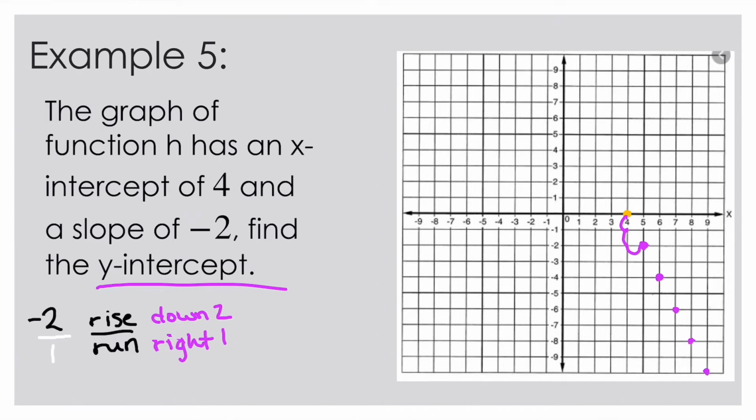Okay. Now, that doesn't get us to our y-axis. So what we're going to do is the exact opposite of down 2, right 1. So instead, we're going to go up 2 and left 1. So let's see what happens when we do that. If we go up 2, 1, 2, and left 1, does that keep us in this straight line?